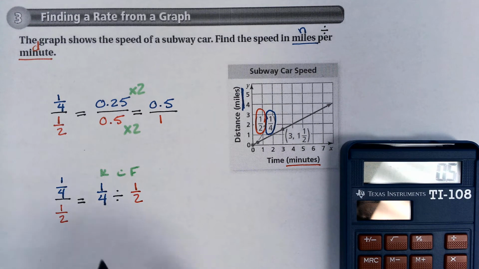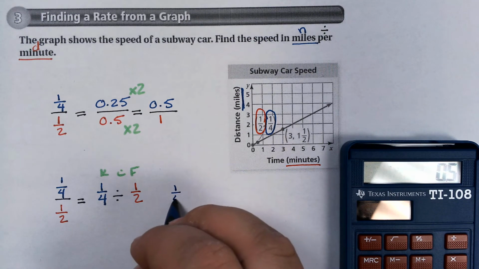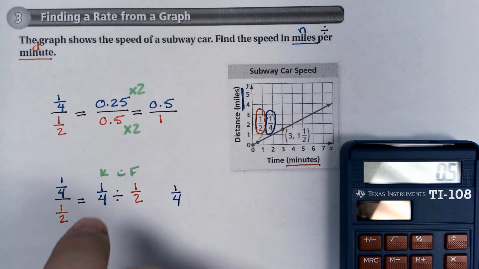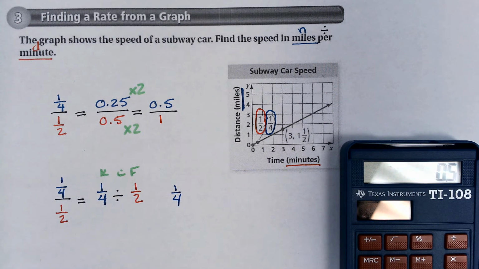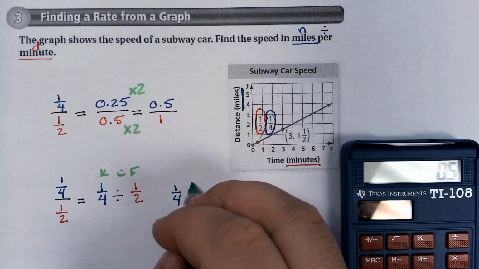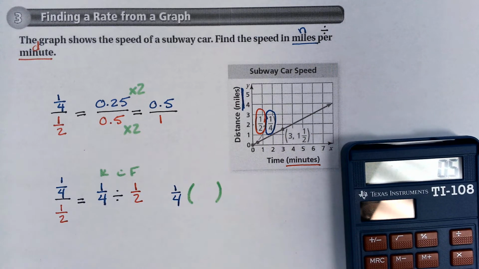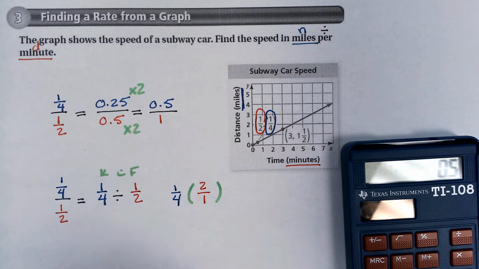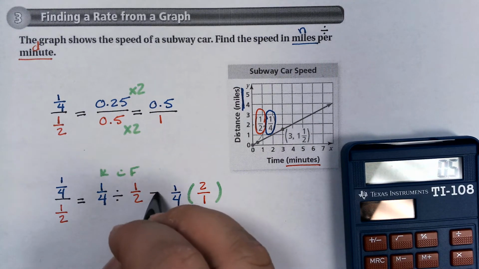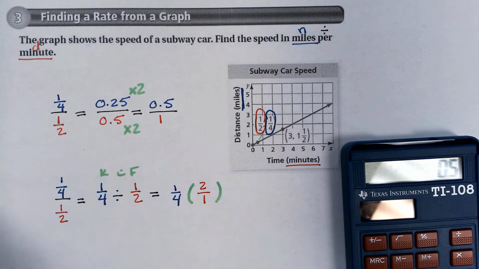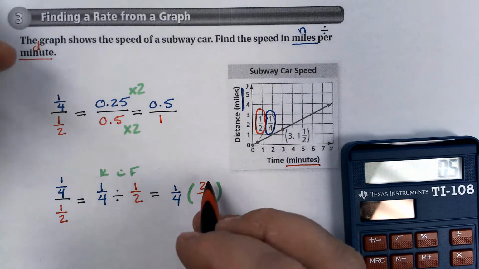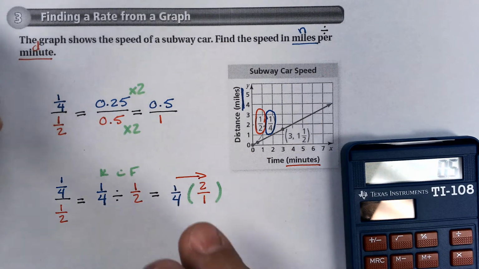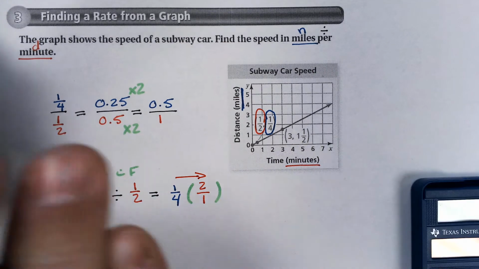So that means I'm going to keep my 1/4 as 1/4. I'm going to change my division to multiplication. And then I'm going to flip my fraction. So the numerator becomes the denominator, and the denominator becomes the numerator, which is all I did here. And then what I've got to do is multiply across, because that's how I multiply fractions.